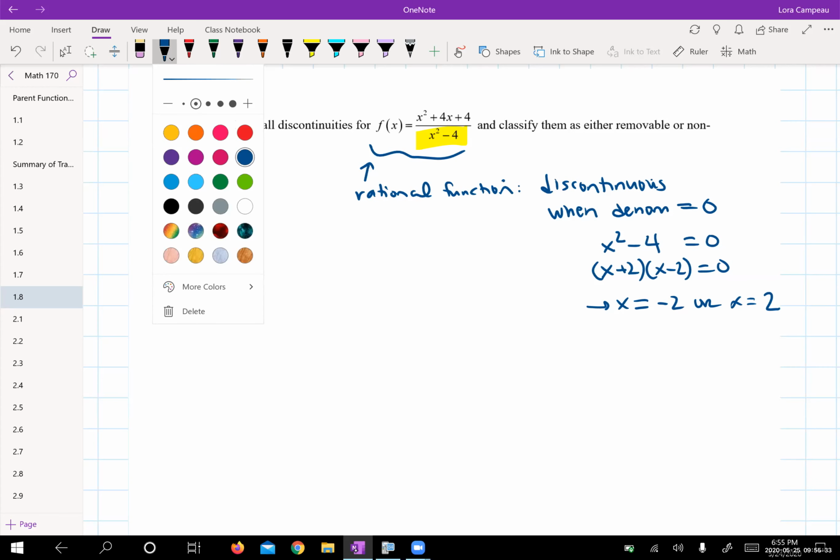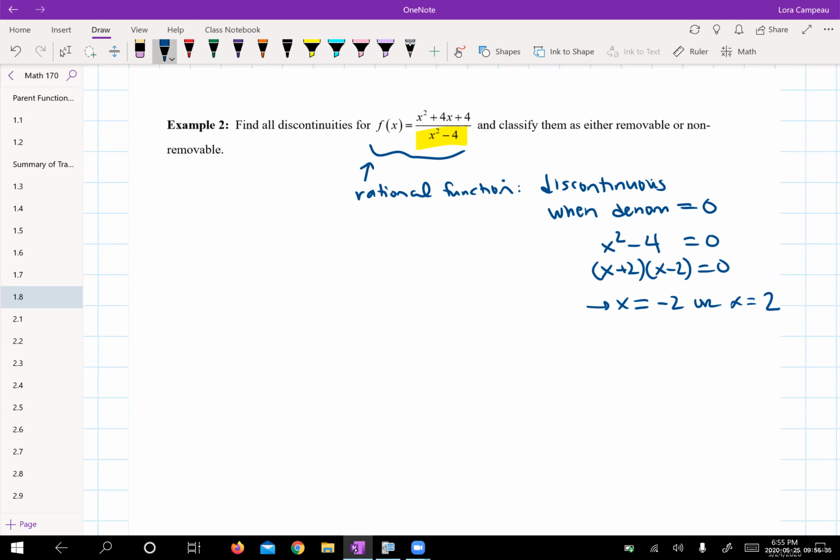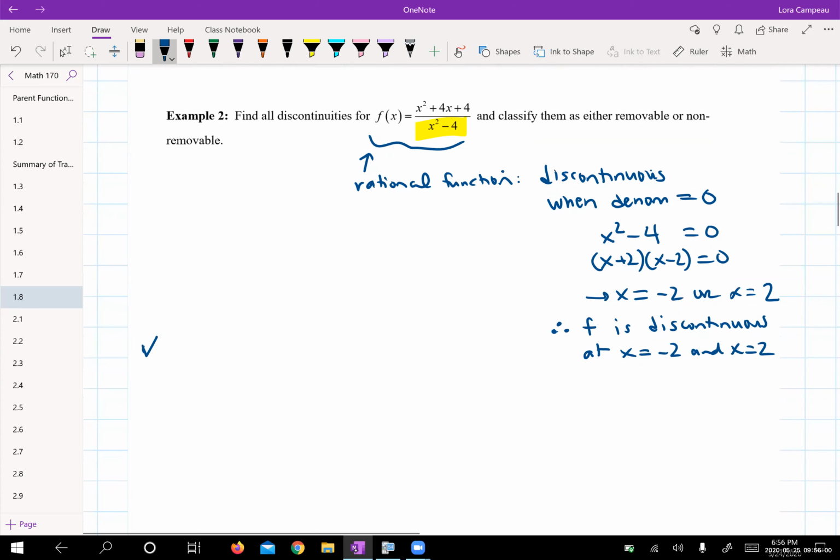So we can say, using some pre-calculus, therefore, the function is discontinuous at these values, x equals negative 2 and x equals positive 2. Now, with pre-calculus, maybe it's like a practical approach, but I'll label it just so that you have this for yourself.